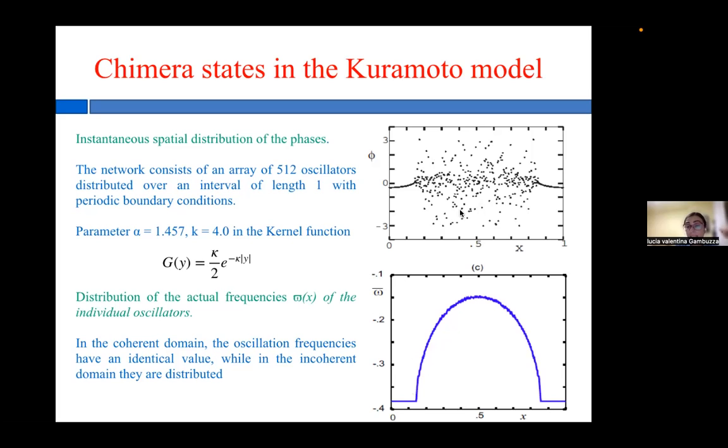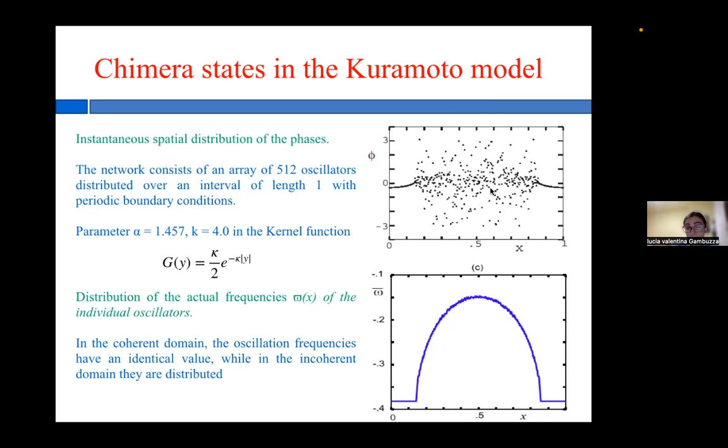While in the middle, the cloud of points represents the incoherent part, where each unit has its own phase and correspondingly its own actual frequency. So we can clearly distinguish in this plot the two domains, the coherent part and the incoherent one.